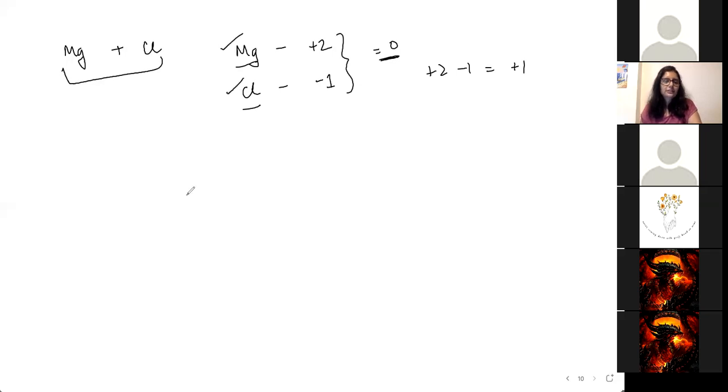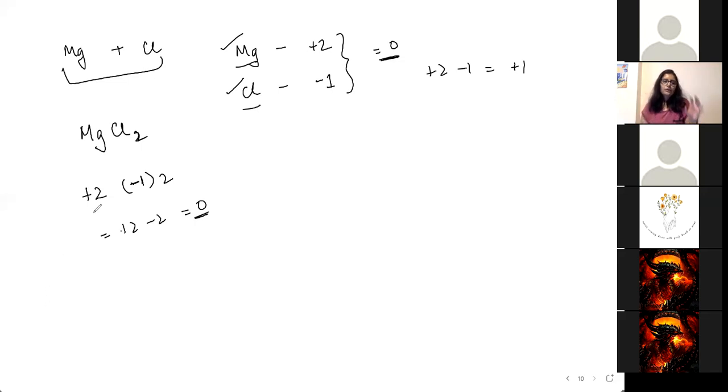How many Cl should I take? 2 Cl and 1 Mg. There you go. So if I take 1 Mg and 2 Cl, MgCl2, then Mg gives a total of +2, and Cl is -1 each, but because we have 2 of them, into 2, I get +2 -2 equal to 0.